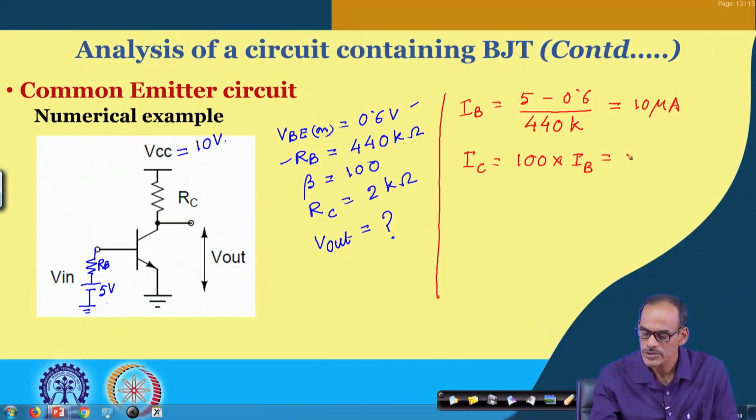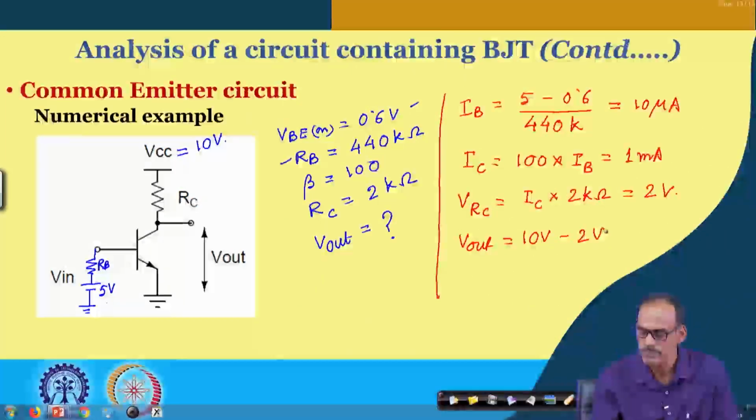That gives us 1 milliampere, and then the drop across R c equals I c into 2 kilo ohm. That gives us 2 volt. So, the V out, which is 10 volt VCC minus 2 volt, is 8 volt.